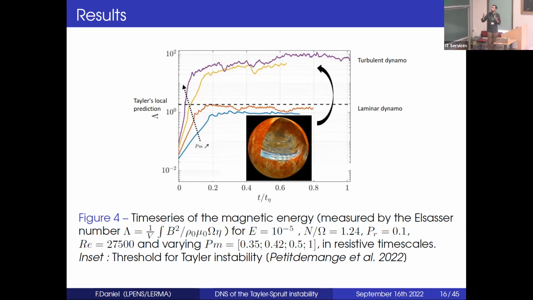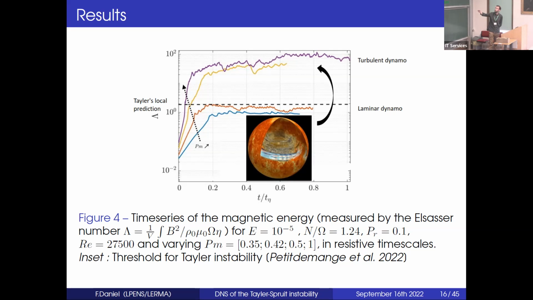And the other important thing to understand here is that if you do not cross the line, you're only going to end up with a laminar dynamo. Whereas here, as Taylor instability sets in, you will have some turbulent motions and small scales will appear, which is what you can see on this 3D picture here. Small scales are close to the core and have appeared both for the hydrodynamical part and the magnetic field.